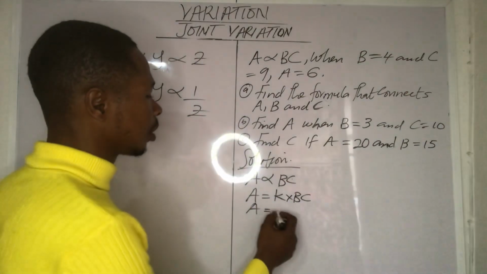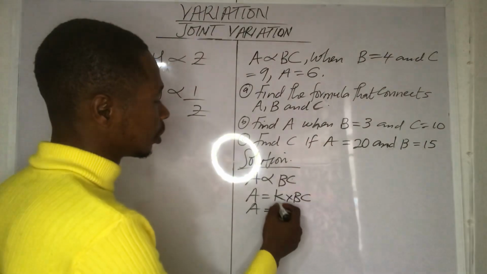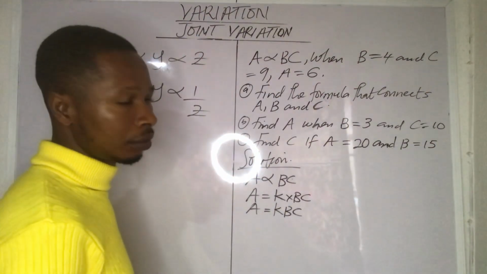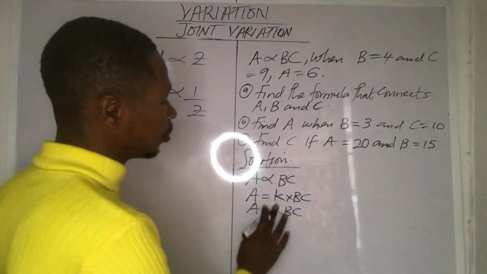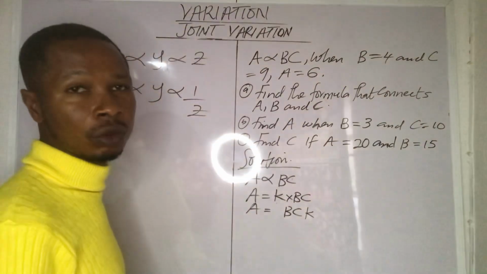So A is equal to KBC. Then substitute your values for A, B, C, as the case may be. Let's follow alphabetical order.